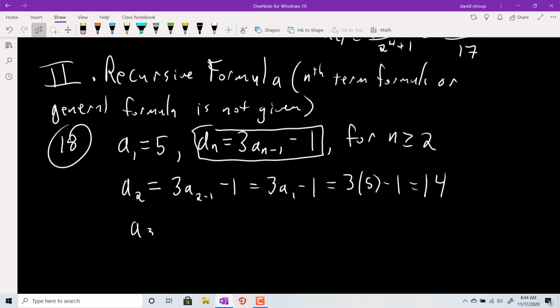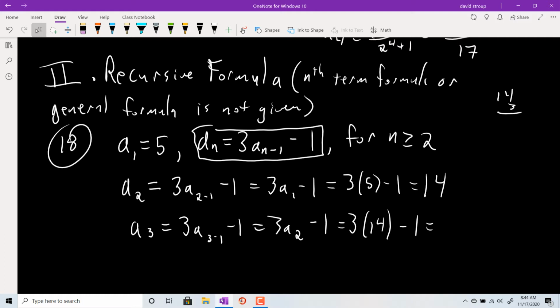Okay. A sub 3. So that'll be 3a sub 3 minus 1, which equals 3a sub 2 minus 1, which equals 3 times a sub 2. A sub 2 is 14, minus 1. So that would be 14 times 3, 12, carry the 1, 42 minus 1, which is 41.